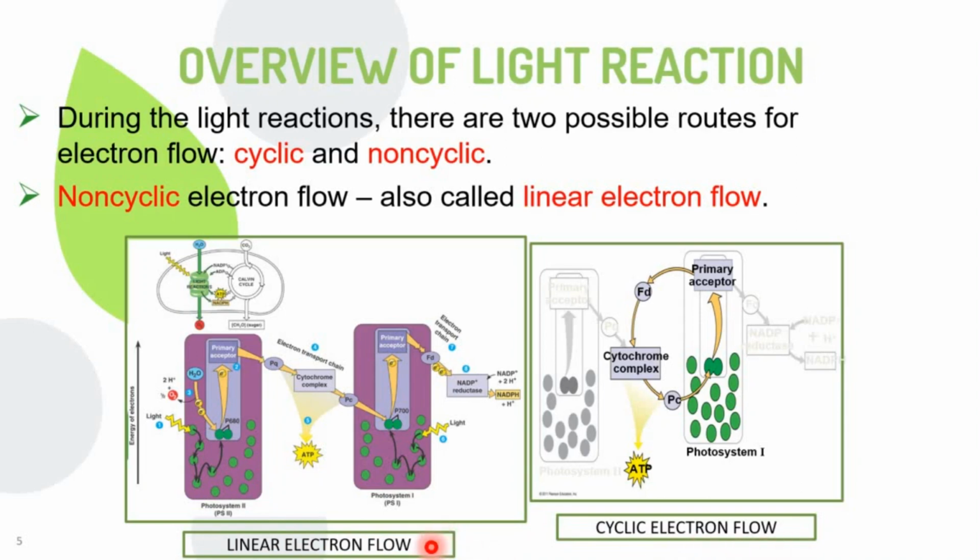Linear electron flow involves photosystem 2 and photosystem 1. However, cyclic electron flow involves photosystem 1 only. During linear electron flow, ATP and NADPH are produced. During cyclic electron flow, only ATP is produced. The products of light reaction are ATP, NADPH and oxygen molecule.